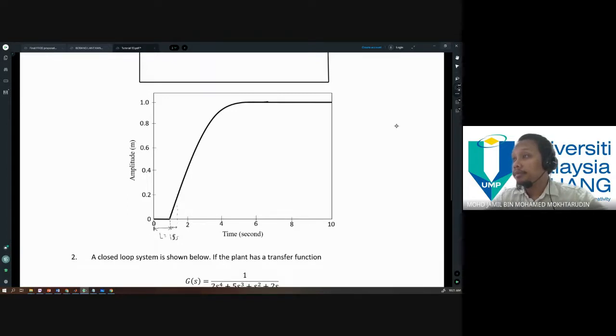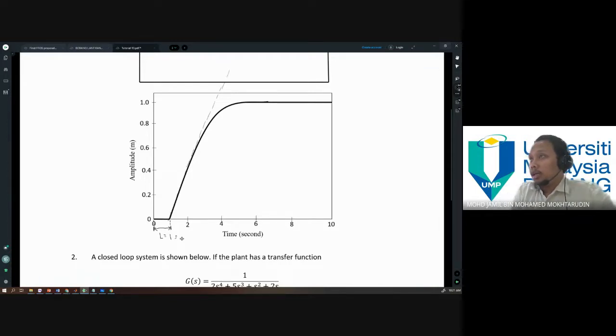Okay, so we take L equals 1 second. And then for the value of T, we need to draw a tangent line. So a tangent line, maybe roughly, let's say somewhere here.